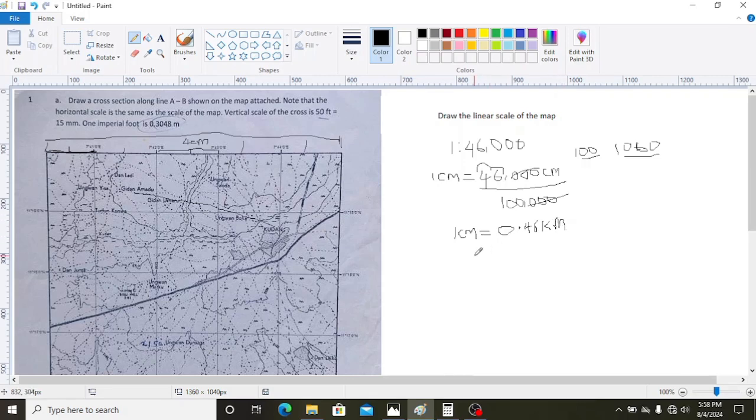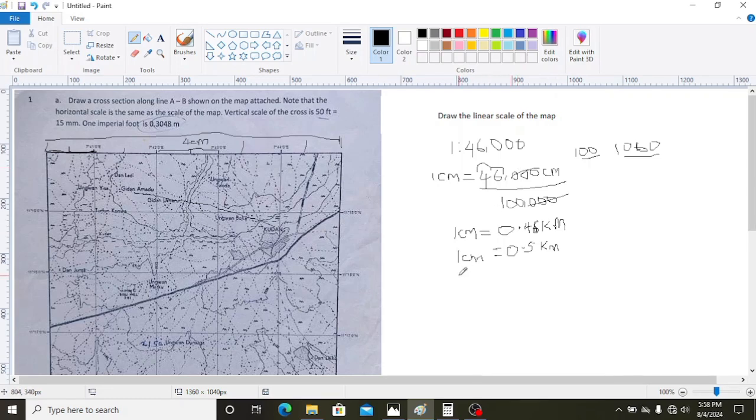But to make everything standard, we approximate this 6 to 1 so that we can add it up here. So 1 centimeter is equal to 0.5 kilometer. That's how we get it.